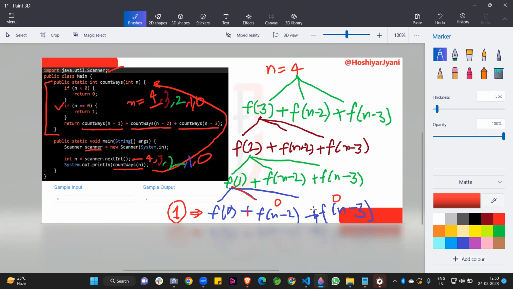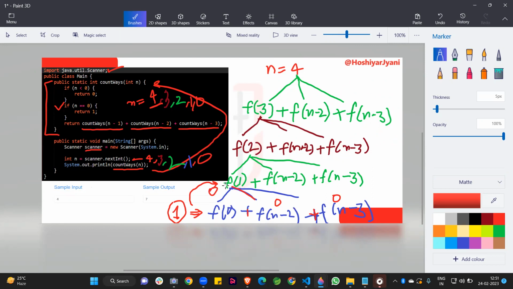After that, there are plus symbols between all three methods, so 1 plus 0 plus 0. So the combination of all is 1. So we are returning our 1 to this f of 1. Okay guys, understand?